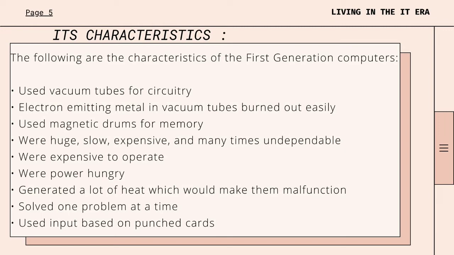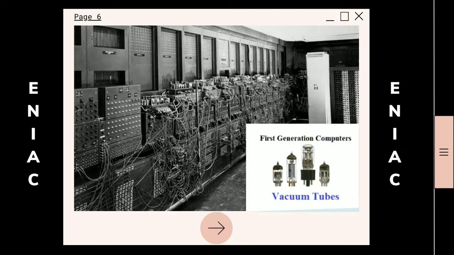Were expensive to operate, were power-hungry, and generated a lot of heat which would make them malfunction. It solved one problem at a time, and it used input based on punch cards. Electronic Numerical Integrator and Computer is an example of a first-generation computing device.